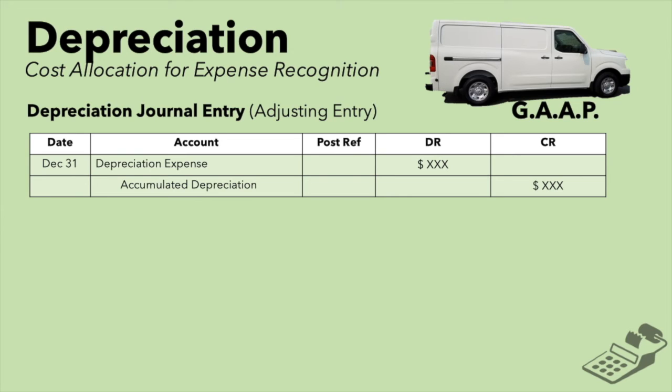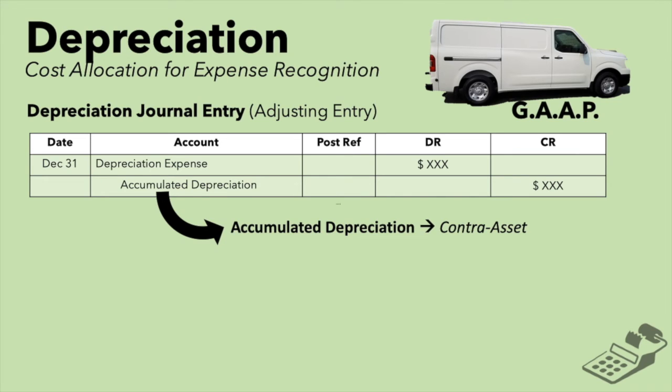Depreciation expense records the amount of expense that will show up on our income statement for the period, and the accumulated depreciation, which is a contra asset account, records the amount of the depreciable base that we have depreciated up to that point.